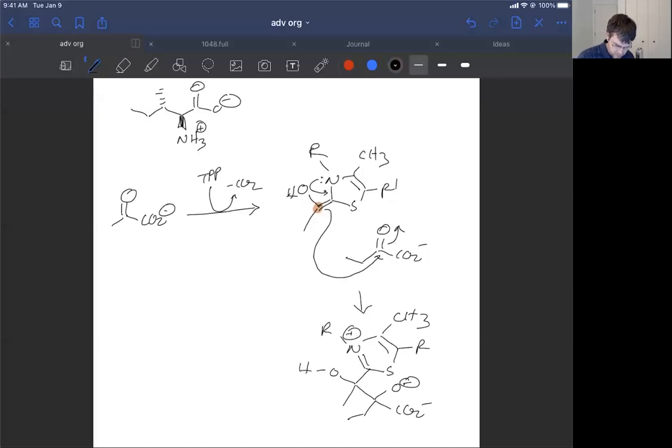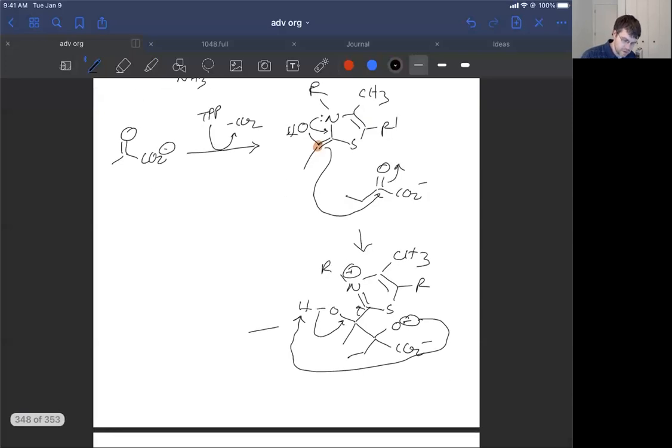Oh, this isn't a bad reaction. Probably doesn't happen this way. It's probably facilitated, but we're going to transfer the hydrogen, come down, and then actually kick off this aromatic ring as a leaving group. Now, why would we do that?